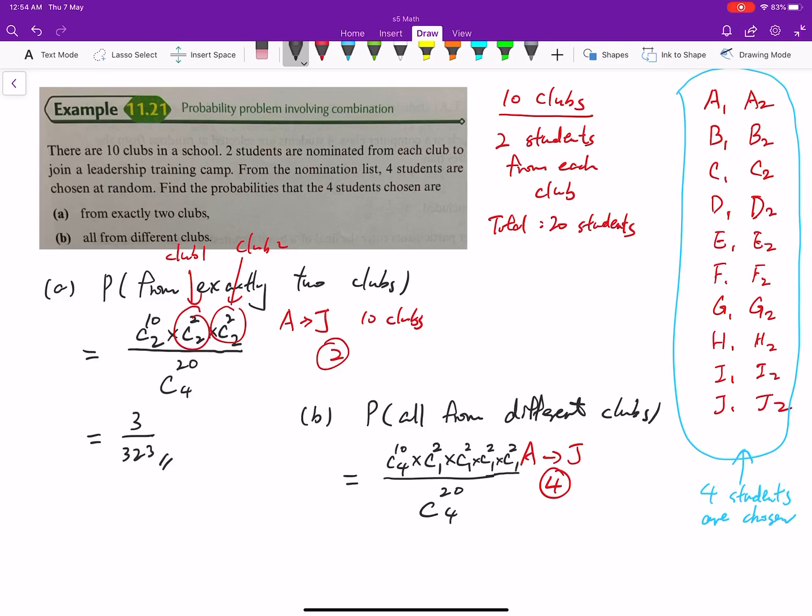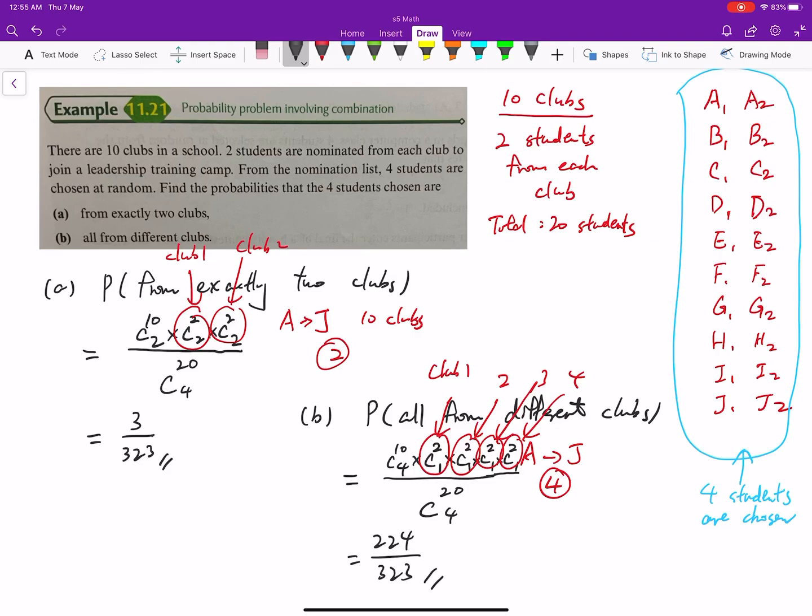So finally, you will get four 2C1 factors here. Similar to part A, this is from club 1, this is from club 2, this is from club 3, and this is for club 4. And that is the answer, which you will get: 224 over 323.